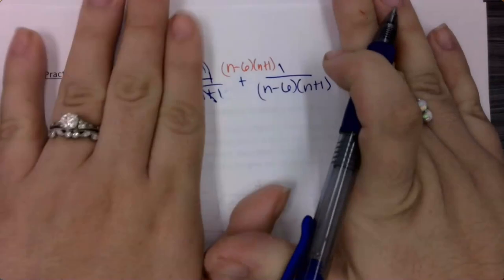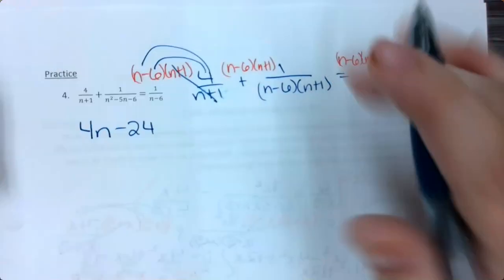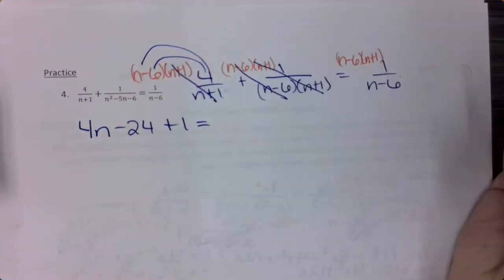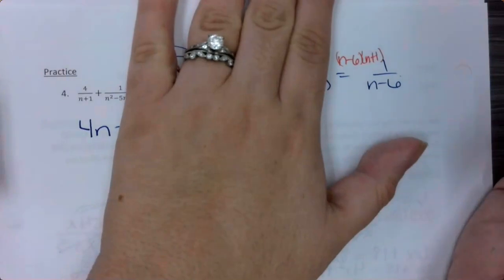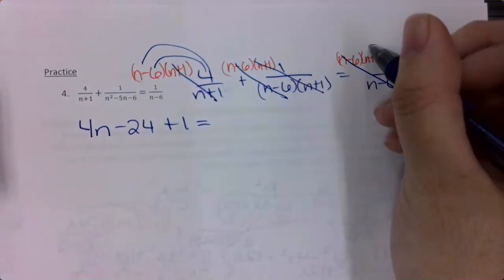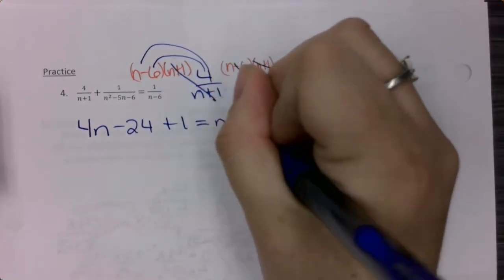On my middle one, what can I cancel out? All of it. So I'm just left with the number 1 on top. On the last one, what can I cancel out? N minus 6, so I have 1 times n, which is n. 1 times 1, which is 1.